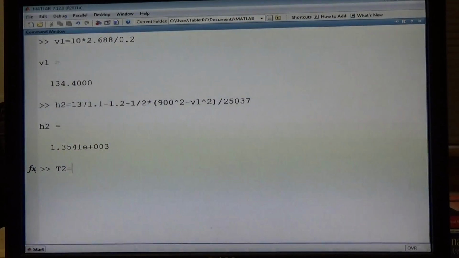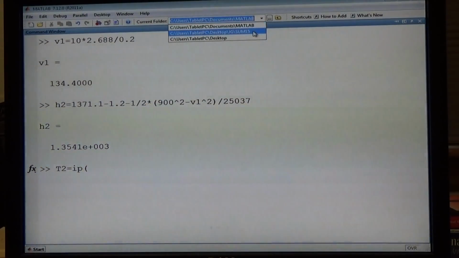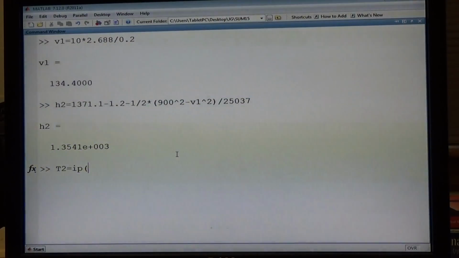So T2 is just interpolating between, let me change the folder here, make sure this works. Right? Can interpolate between 1322.1, our number of H2, 1373.8, 600, and 700.